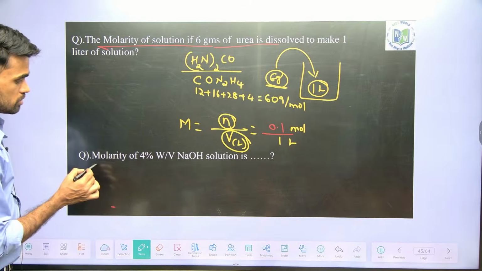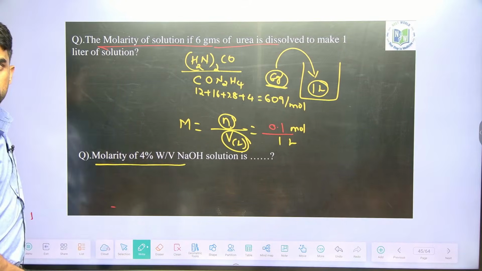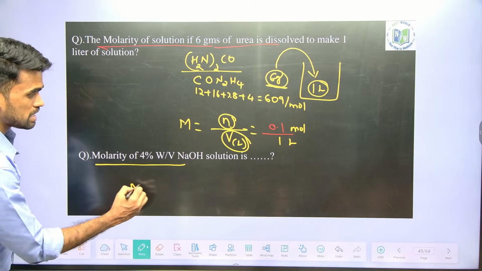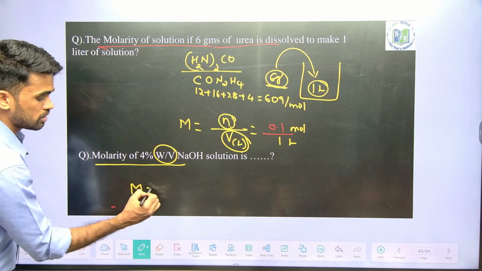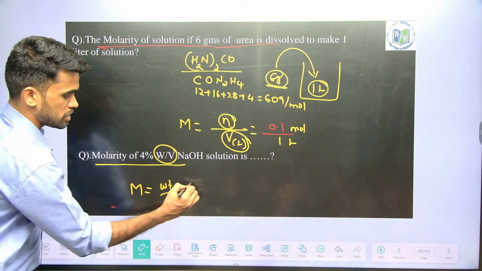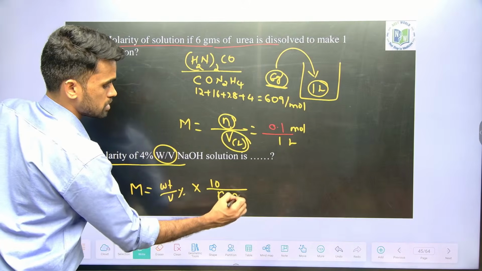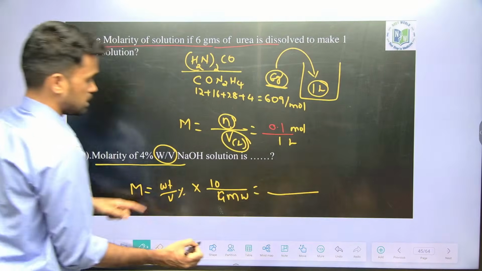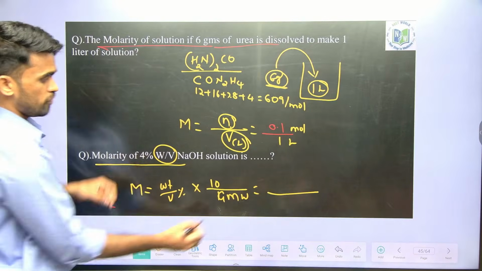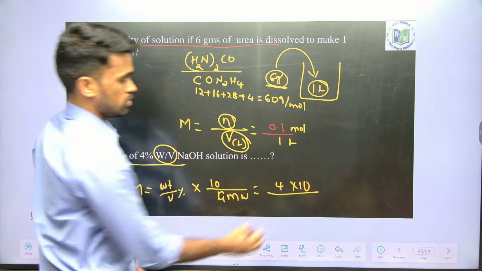Next, this one. Molarity of 4% weight by volume NaOH solution is. What is the relation between weight by volume and molarity? Weight by volume percentage into 10 by gram molar mass. So this is 4 into 10 by molar mass, 40.